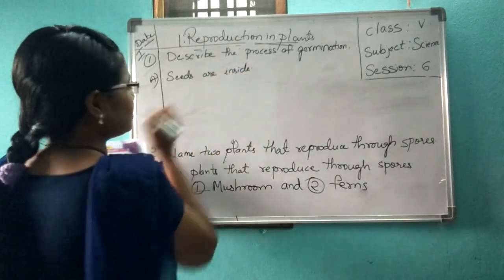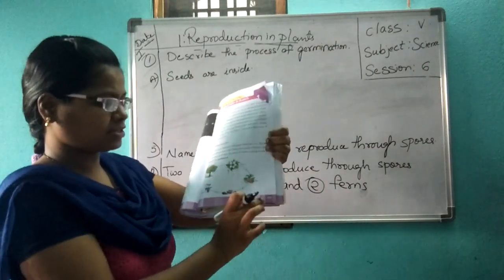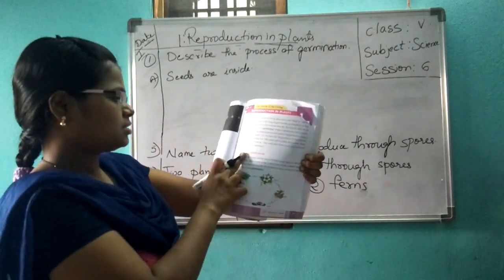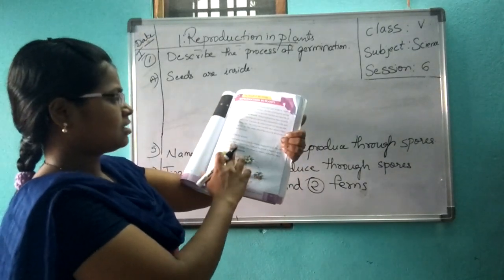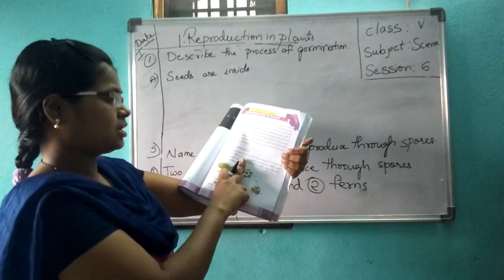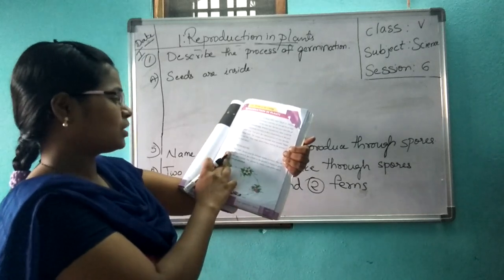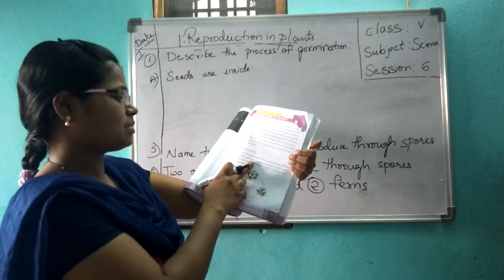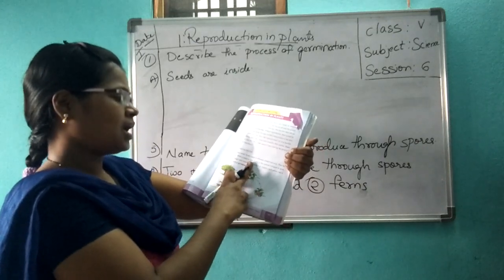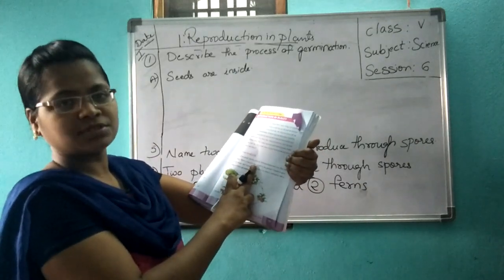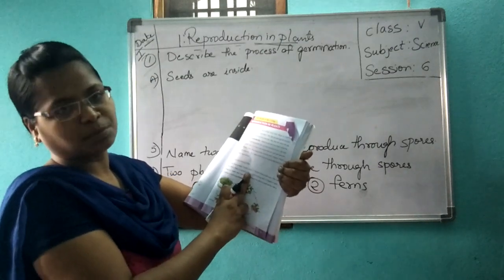Here in the textbook one mistake is given. Textbook page number 181, growing plants from seeds. You see the second line, when a seed is ripe. They are usually found inside fruit. Here you should write, when the fruit is ripened and falls to the ground, from the fruit, seeds will grow into a new plant.